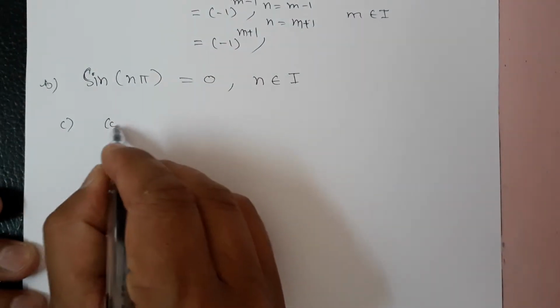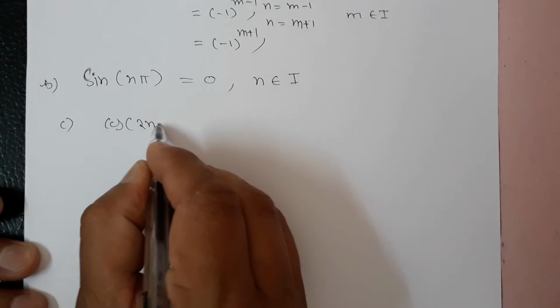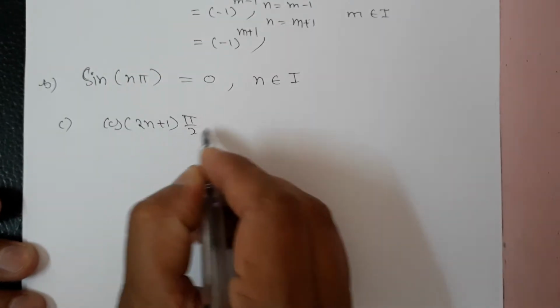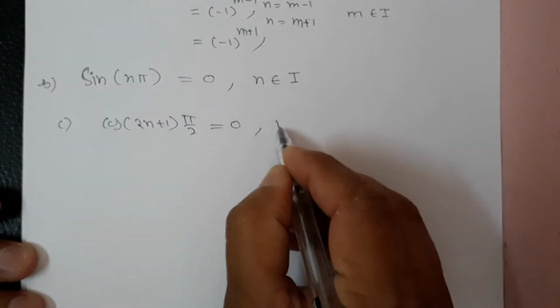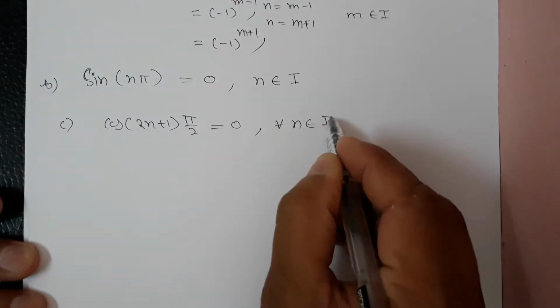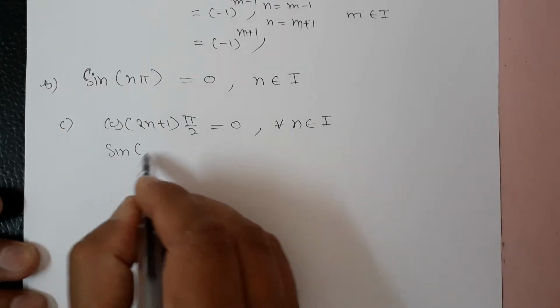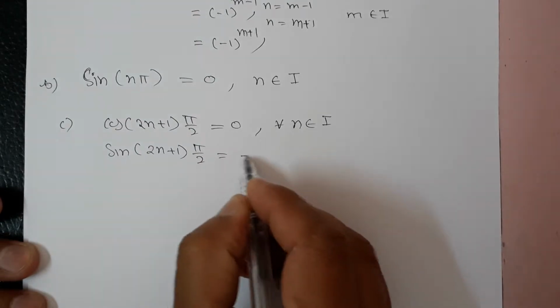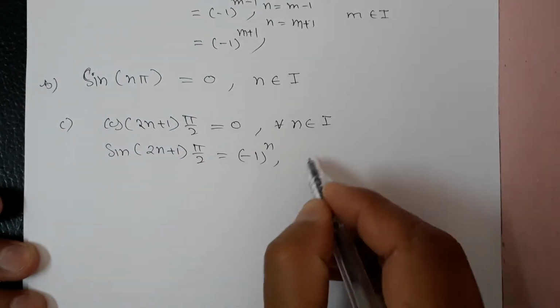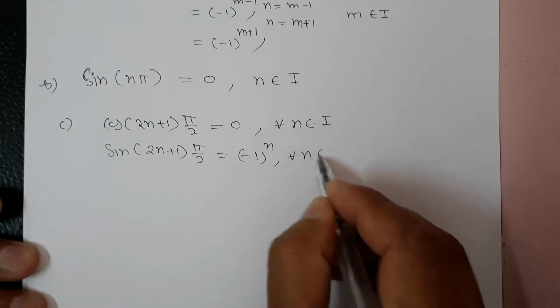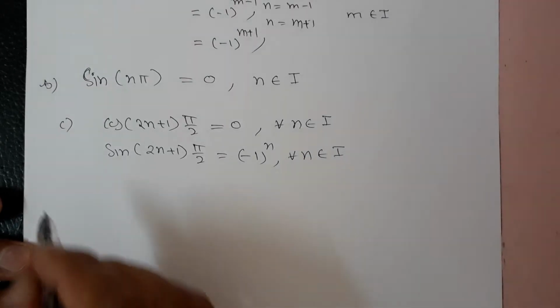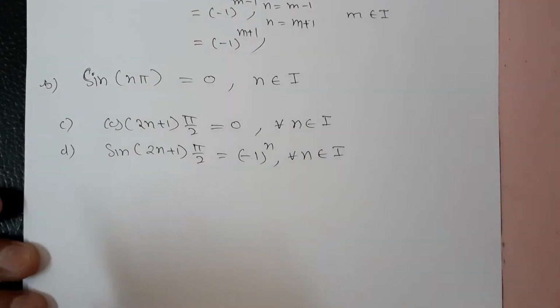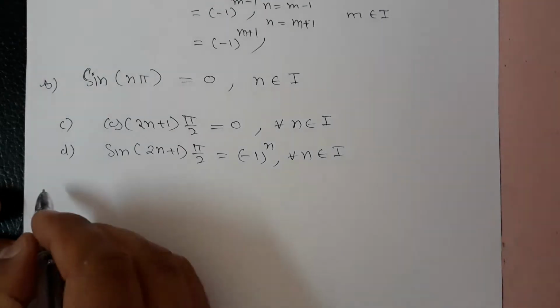We can have cos of (2n plus 1) pi by 2 is always 0 for every integer n, and the value of sin of (2n plus 1) pi by 2 is always minus 1 raised to the power n for every integer n. So these are the basic formulas to be used.